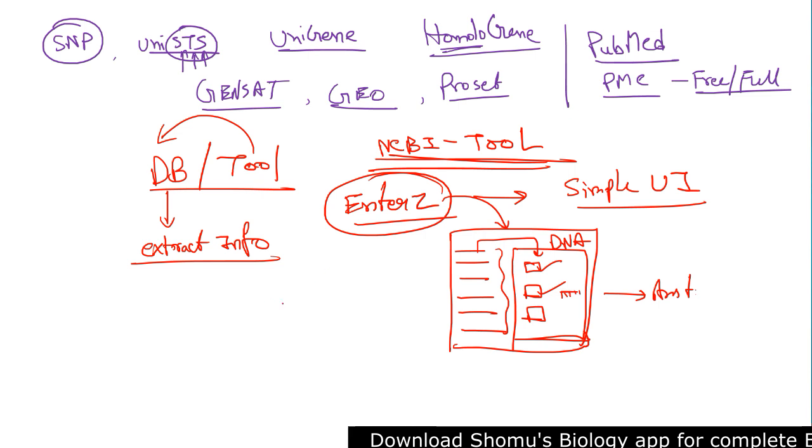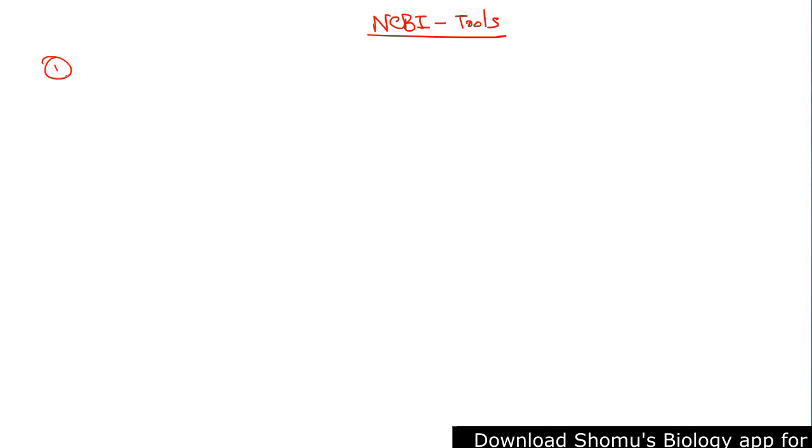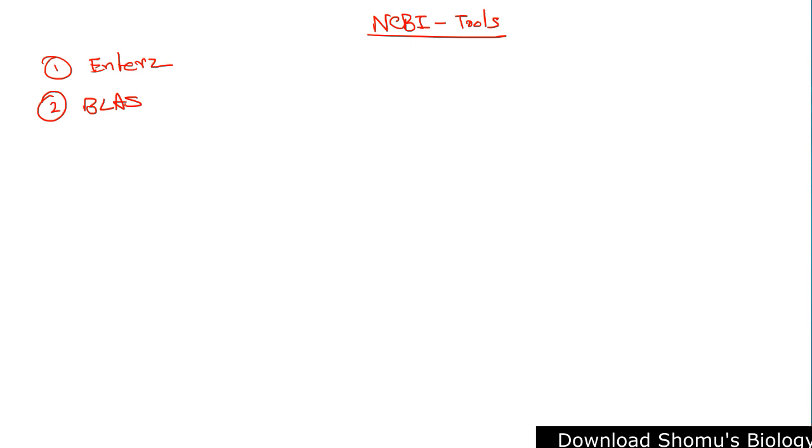Okay. One more tool that is available. So let me write. NCBI, and we're talking about tools, and remember we have discussed Entrez. Now the second important, most used tool is BLAST, basic local alignment search tool.